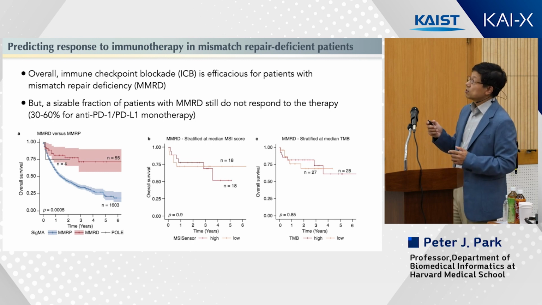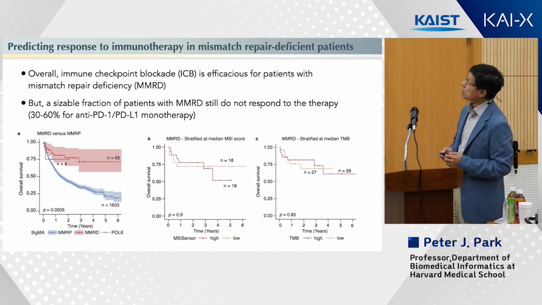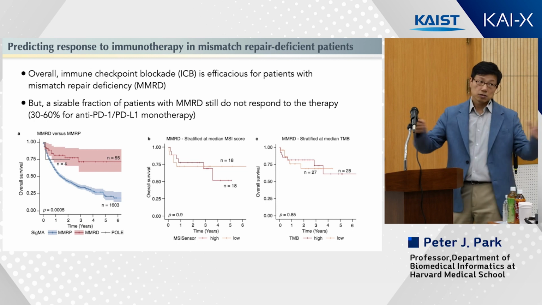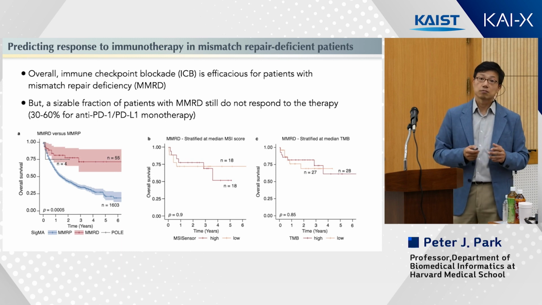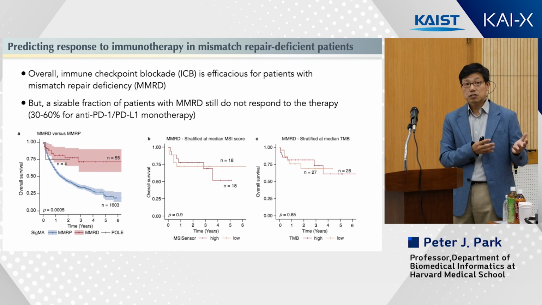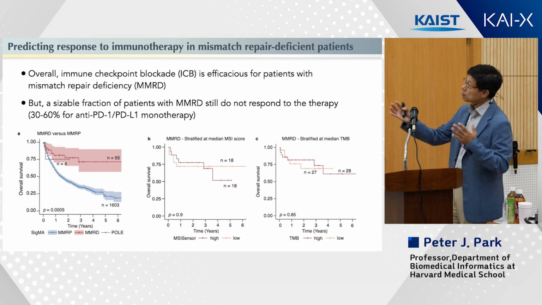I'm sure you have heard of immune checkpoint blockades. It works really well across most tumor types for mismatch repair deficient cases. Figuring out which ones are mismatch repair deficient and proficient is not that hard. We can actually look at exome data and group them.